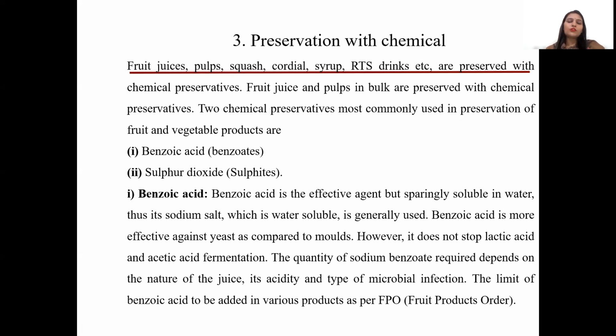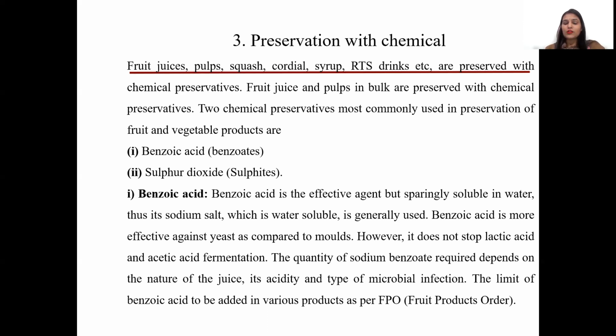There are also some limitations for the use of these chemicals. For sulfur dioxide, we can use 1000 to 1500 ppm, and it depends on the type of product. Suppose we have a squash that has 40% TSS, we can use 350 ppm of sulfur dioxide. For pure pulp, we can use 600 to 700 ppm of KMS, potassium metabisulfite, or sodium benzoate.